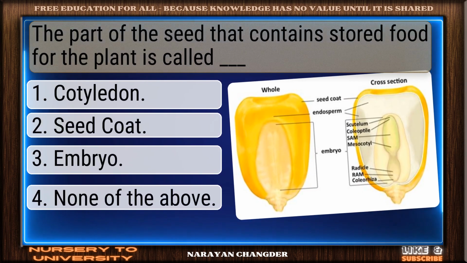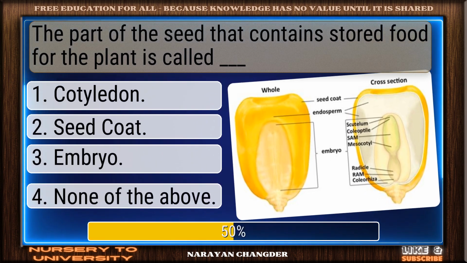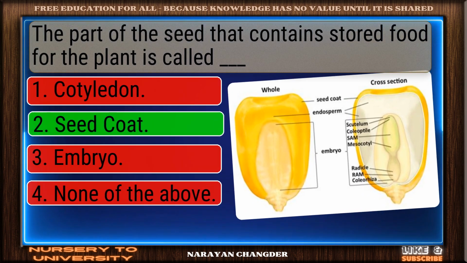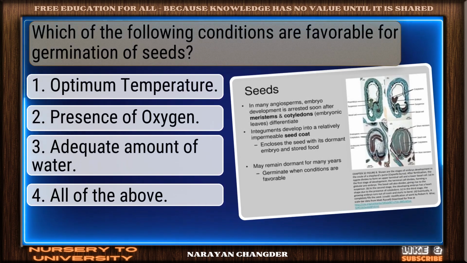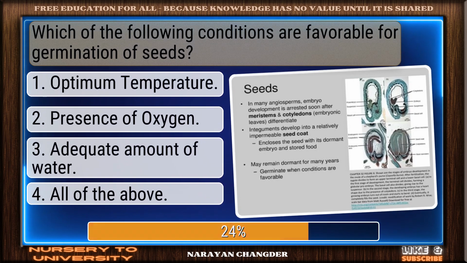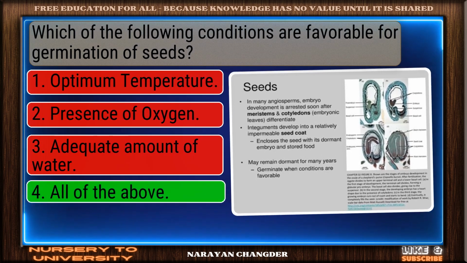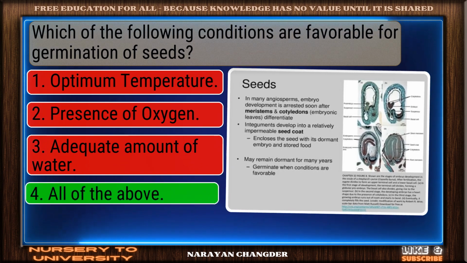The part of the seed that contains stored food for the plant is called dash. Strong choice. Seed coat is the right answer. Which of the following conditions are favorable for germination of seeds? Exactly. All of the above makes sense, and it is the right choice.